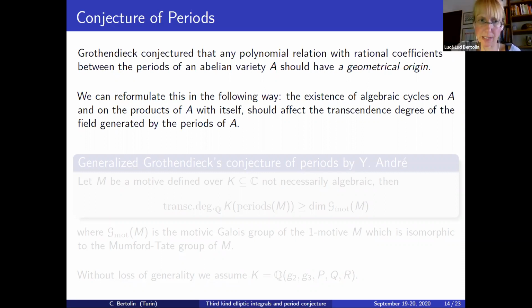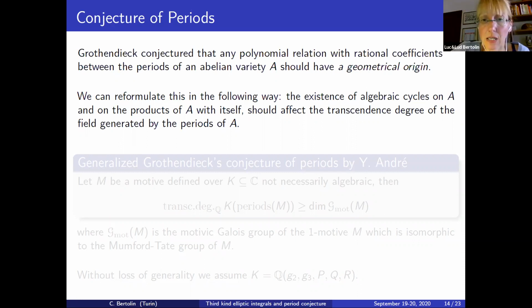So you take the field generated by the periods of A, and the transcendence degree of this field should decrease if you show that there exist algebraic cycles on A. The more algebraic cycles on A you have, the smaller this transcendence degree should become.